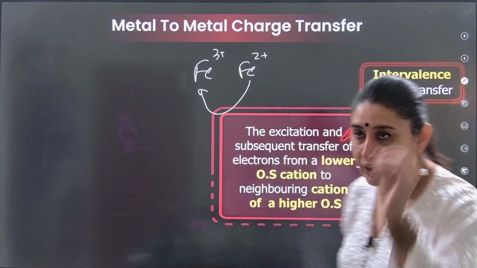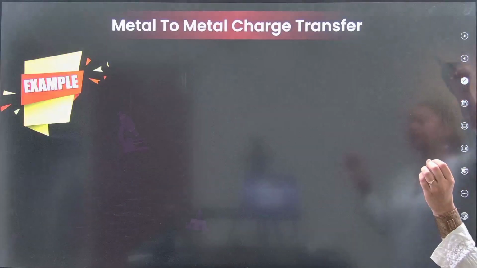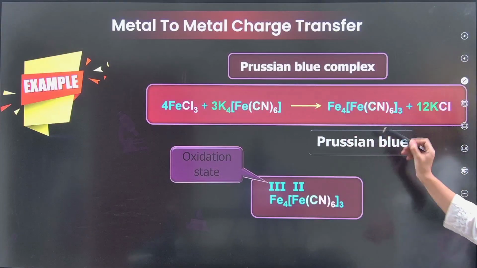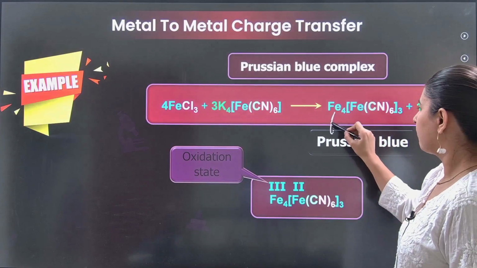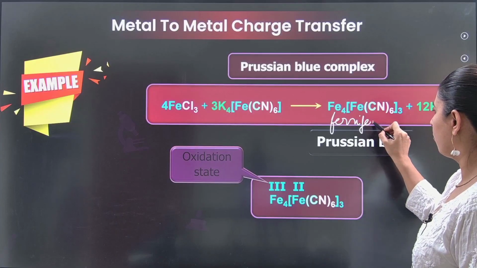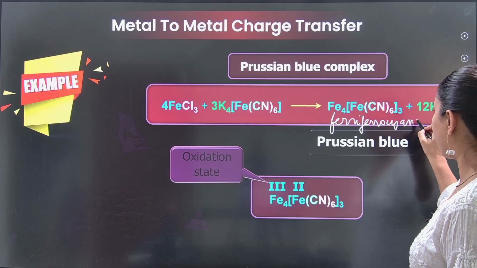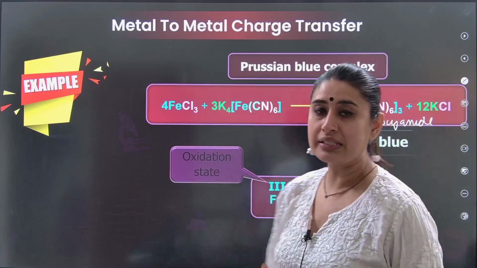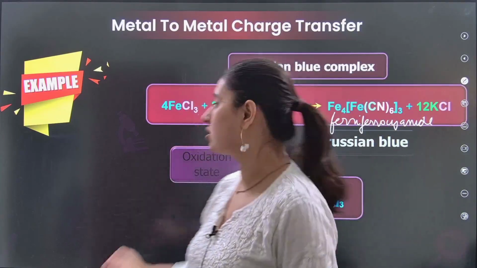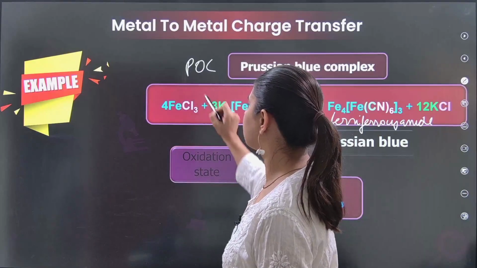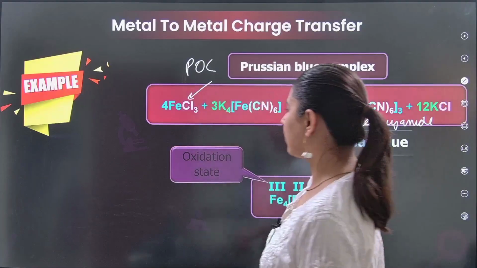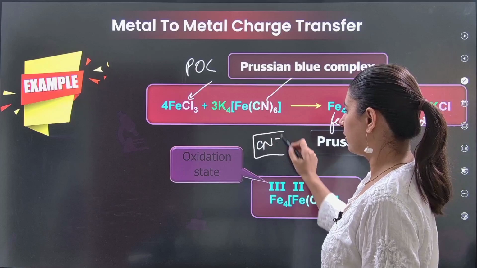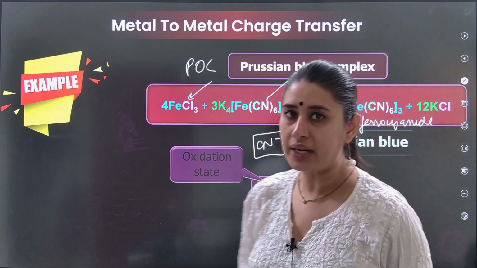And there is one very important metal-metal complex, the Prussian blue complex of ferriferrocyanide. This is a part of your detection of CN minus in practical organic chemistry, POC. You do this test. You add freshly prepared iron chloride. If you want to test CN minus, you make the Lassaigne extract.